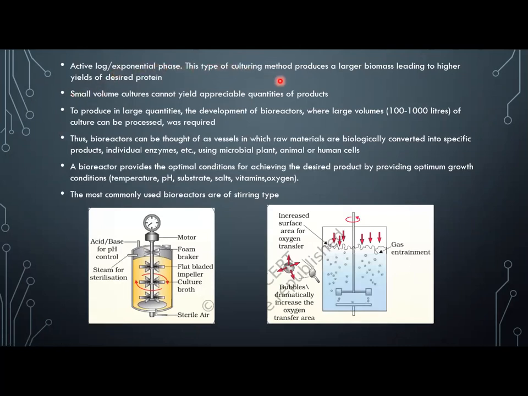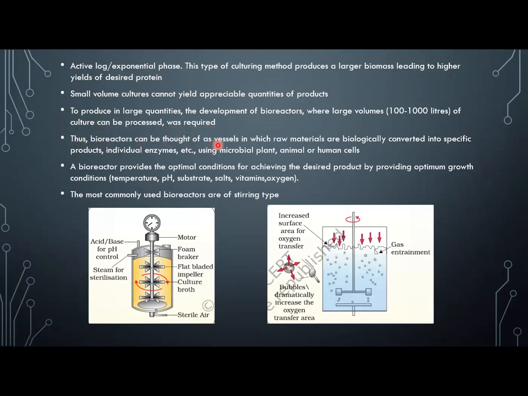This type of culturing method produces a larger biomass, leading to a higher yield of the desired protein. Small volume cultures cannot yield appreciable quantities of products. To produce in large quantities, the development of bioreactors, where large volumes, 100 to 1000 liters of culture, can be processed, was required.